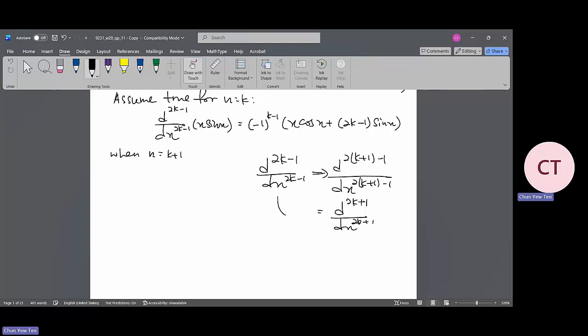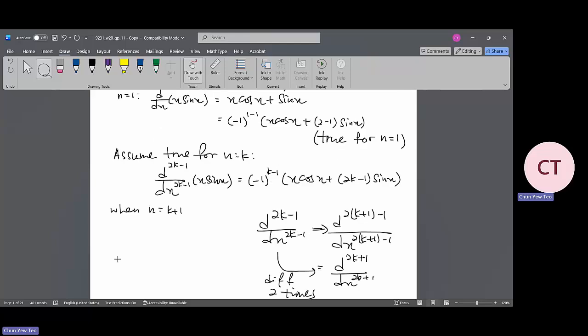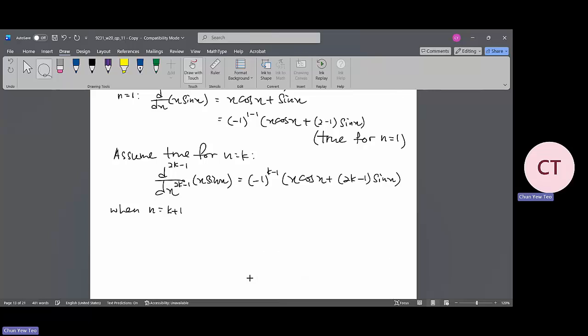And from here to here, we need to differentiate 2 times. Then we only can get to the power 2k plus 1 because to go from 2k minus 1 to 2k plus 1, you have to go through 2k first. So you have to differentiate 2 times. This is something you need to be aware of when you are doing the differentiations over here.